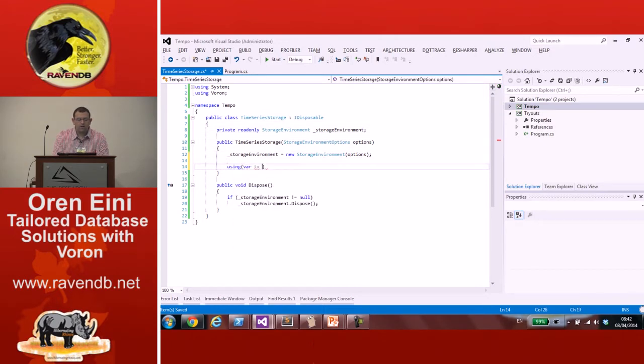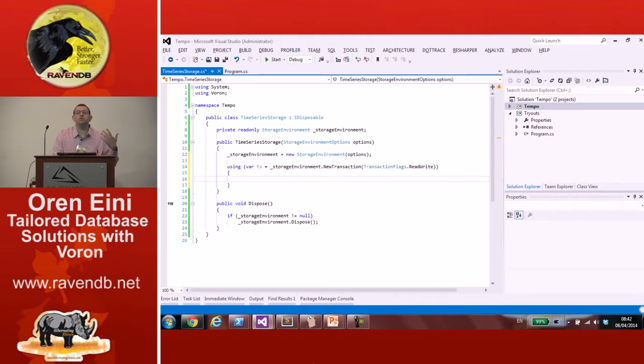So we are starting a write transaction. And we want to have some information about what's going on. So we usually go with a metadata tree.